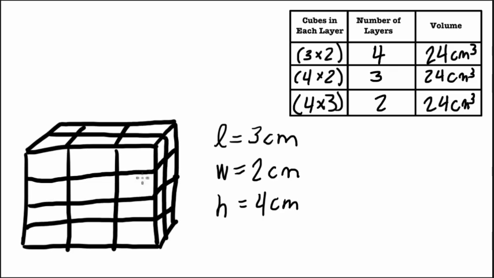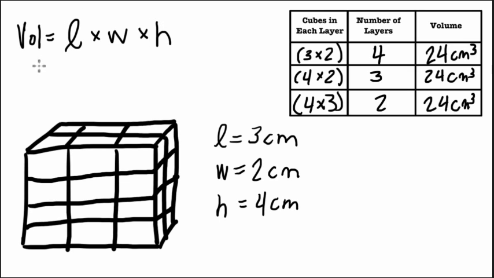So depending on how we look at it, you can dissect these and split these up and start to see that there are different ways to look at volume. But the very simple fact is, no matter how you do it, volume is always going to be length times width times height in any order.